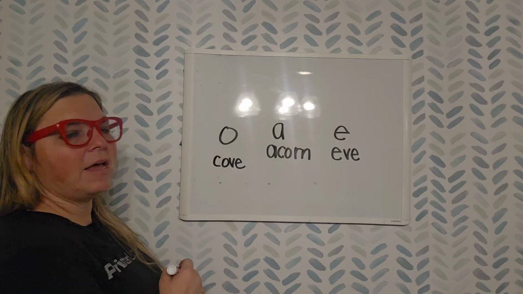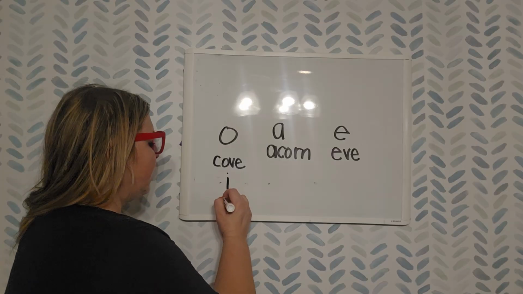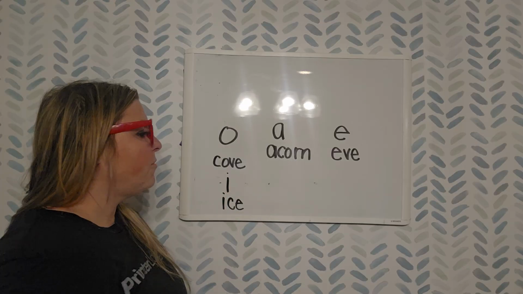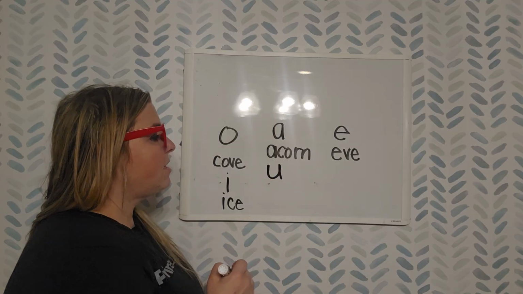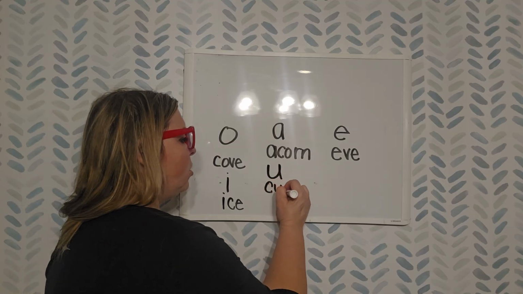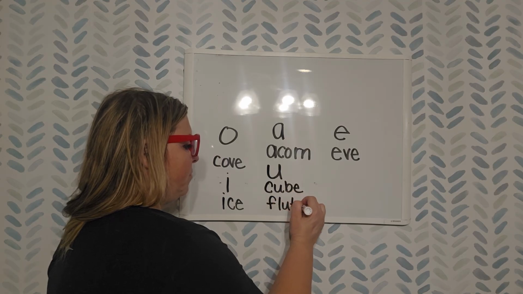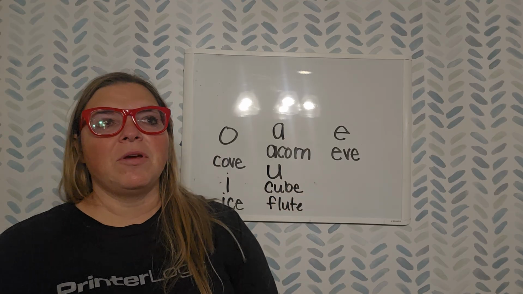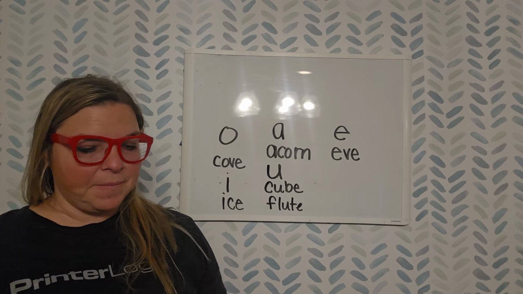We have learned that the long vowel sound for I is I as in ice. And we have learned that the long vowel sound for U is U as in cube and U as in flute. Today we are going to work on reviewing those sounds once more.